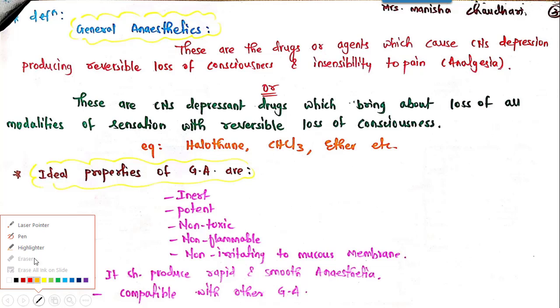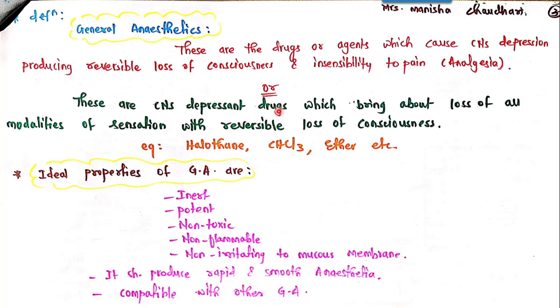Now the other definition, which you can write by restructuring the words, is: these are the CNS depressant drugs which bring about loss of all modalities of sensation. Here analgesia comes first, meaning loss of all modalities of sensation, with reversible loss of consciousness.